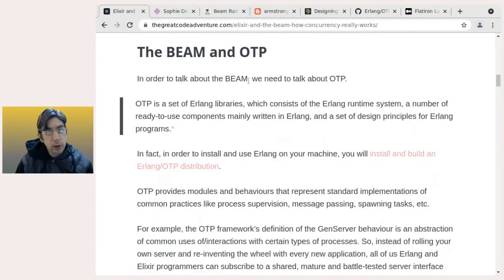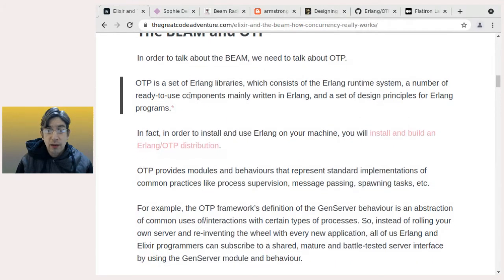The BEAM and OTP. In order to talk about the BEAM, we need to talk about OTP. OTP is a set of Erlang libraries, which consists of the Erlang runtime system, a number of ready-to-use components, mainly written in Erlang, and a set of design principles for Erlang programs.